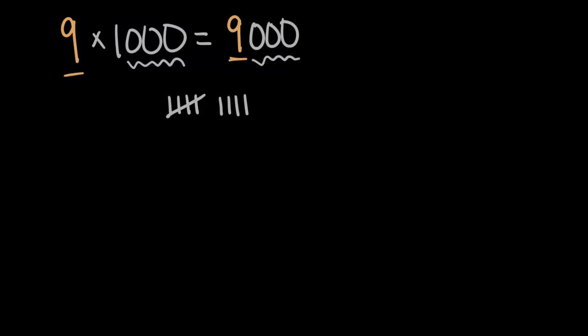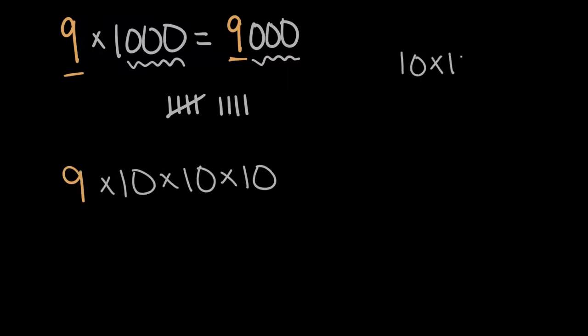And we can go back to what we did before, thinking about this in terms of tens. We've worked out why multiplying by 10 adds a 0. So let's think about 1,000 in terms of tens. 1,000 is equal to 10 times 10 times 10. 10 times 10 is 100, and 100 tens is 1,000.